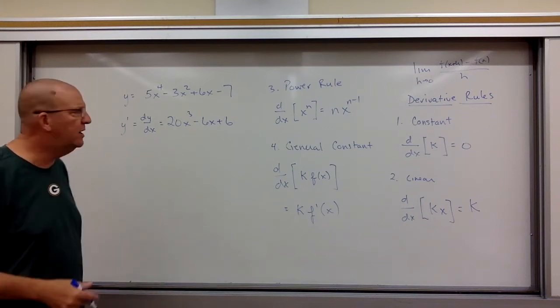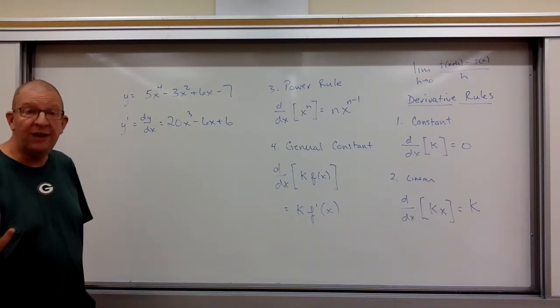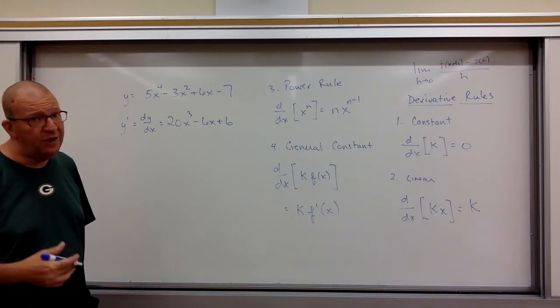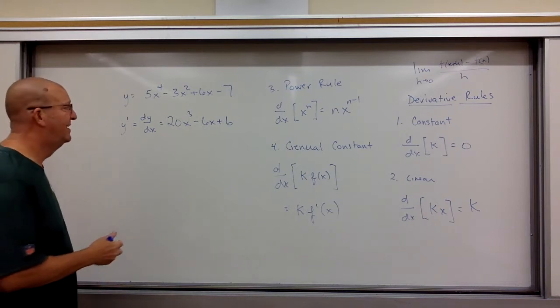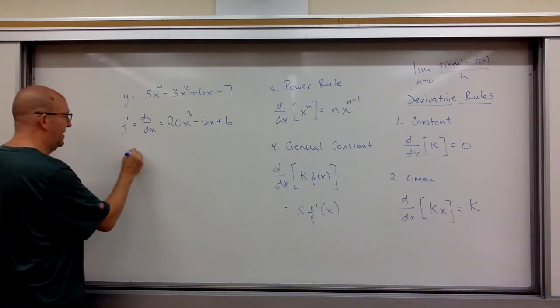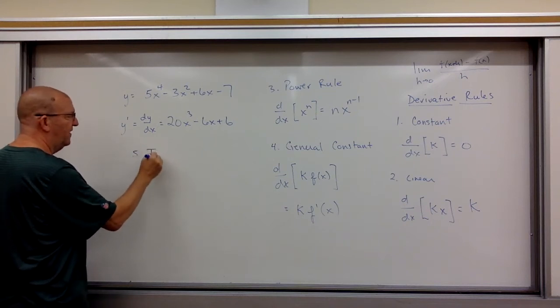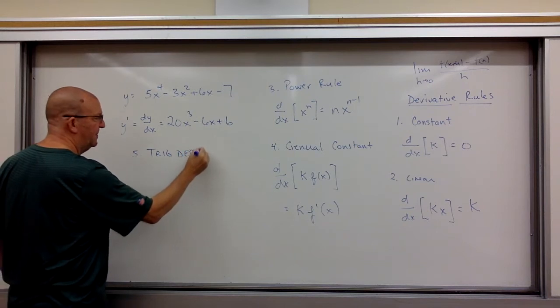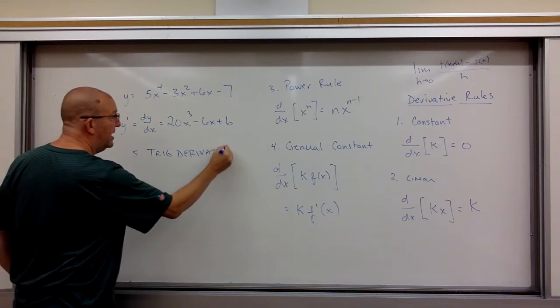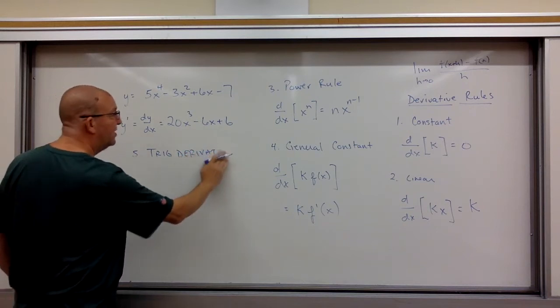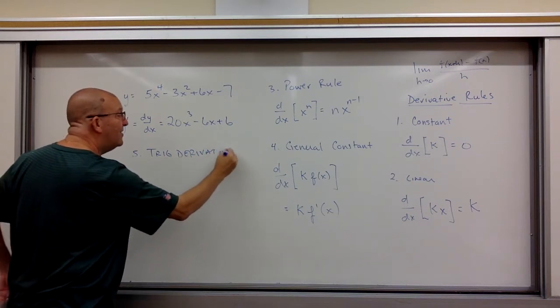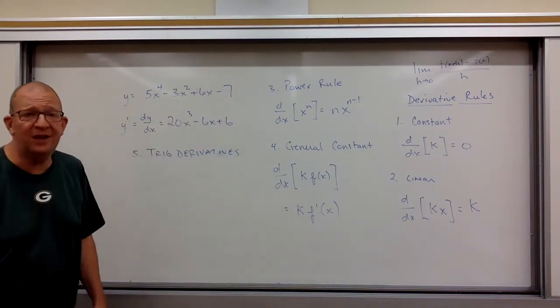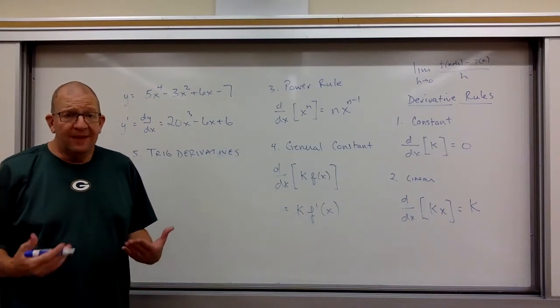Well, what else do we know? Well, we know our trig derivatives. Now, these are ones you do have to memorize. So let's get those. We'll call this number 5, our trig derivatives. And again, we can derive these using our limit definition, and this is what you'll get.